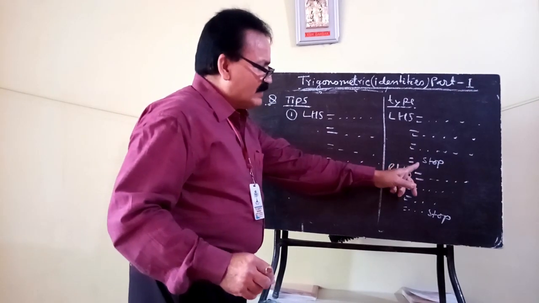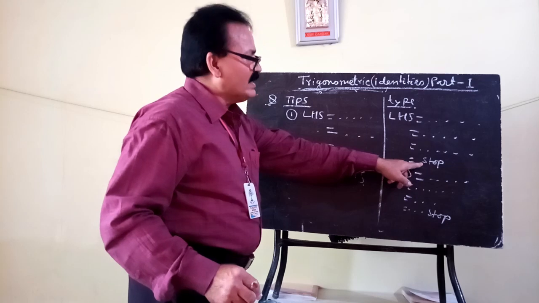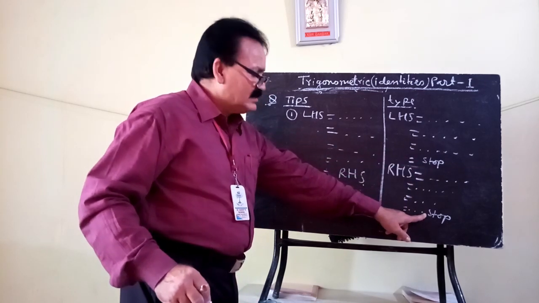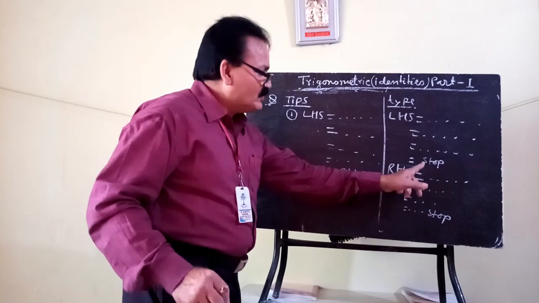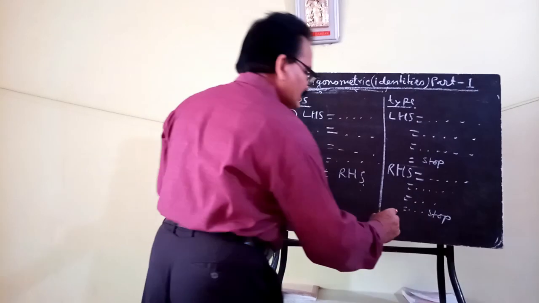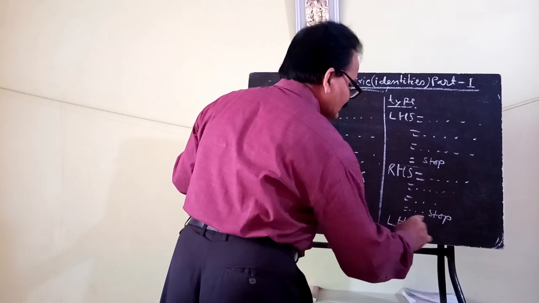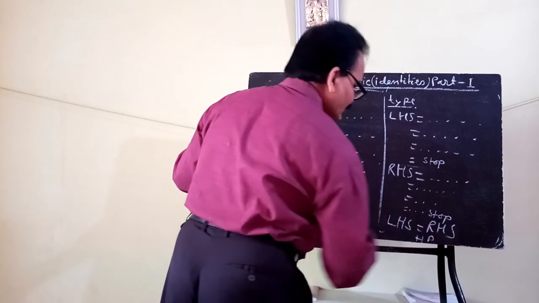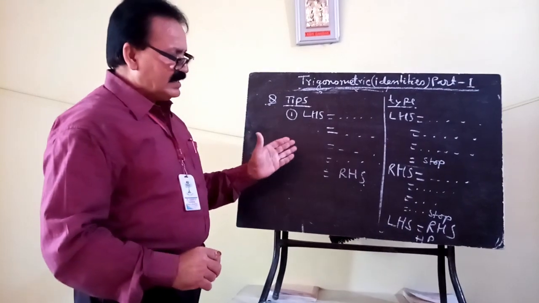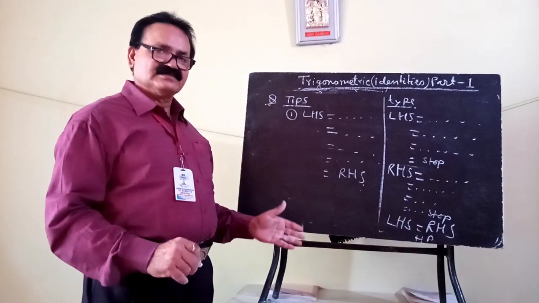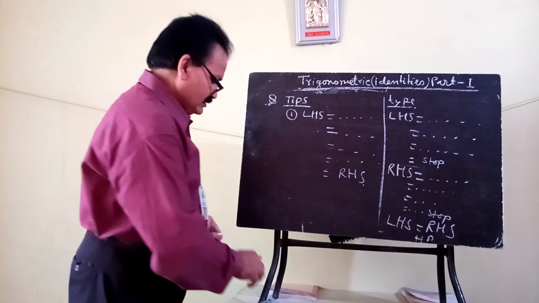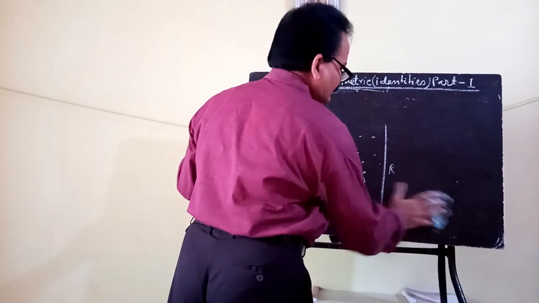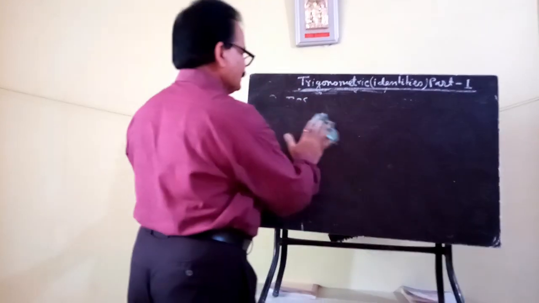Compare the value at which you stopped on the LHS with the value you got while solving the RHS. If both values are equal, you write LHS equals RHS, hence proved. This is another type of question. Clear? Now I will solve some problems for your benefit.